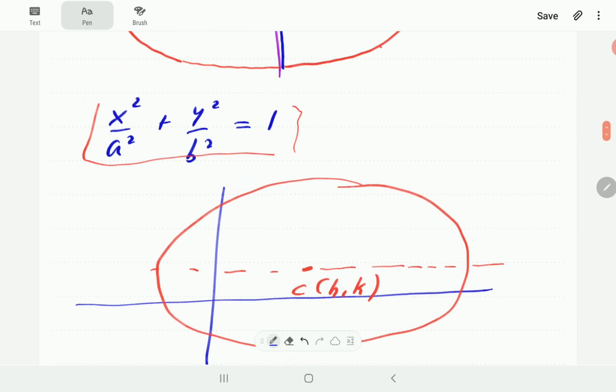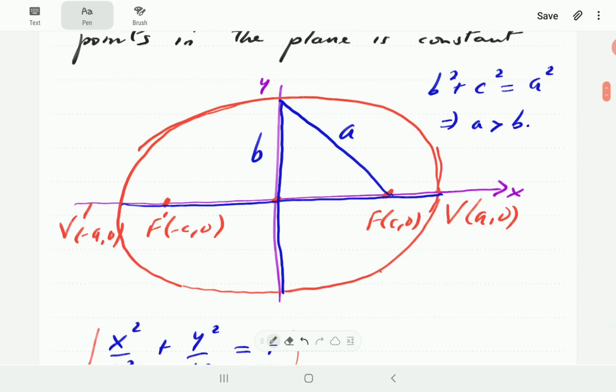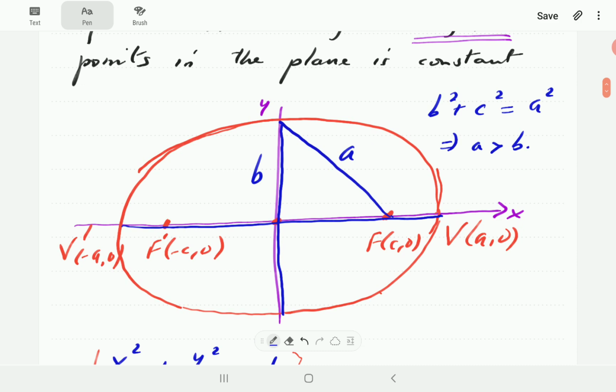Then the ellipse has got two directrices, just like we did have for the parabola, and they are on the two sides of the vertices opposite to the foci. So again, there's the vertex, there's a focus here, and on this side we have got the directrix.